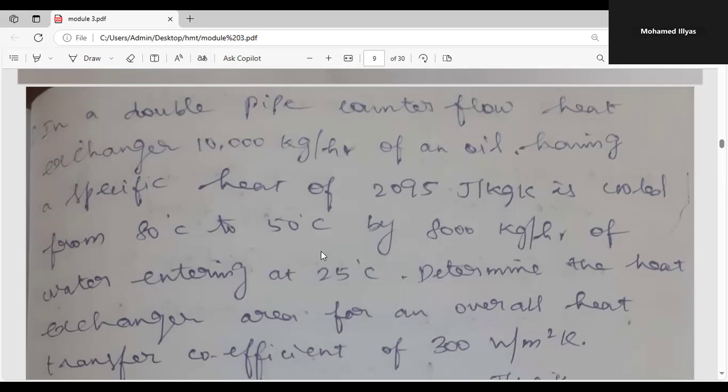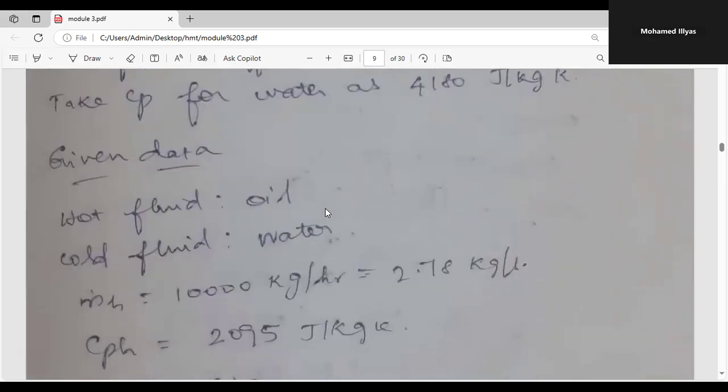So in any heat exchanger problem, we need to first identify the hot and cold fluids. Accordingly, we'll write the data given. The hot fluid is oil and the cold fluid is water here.